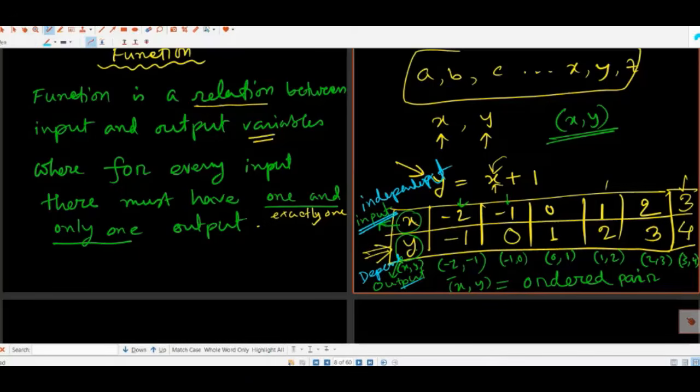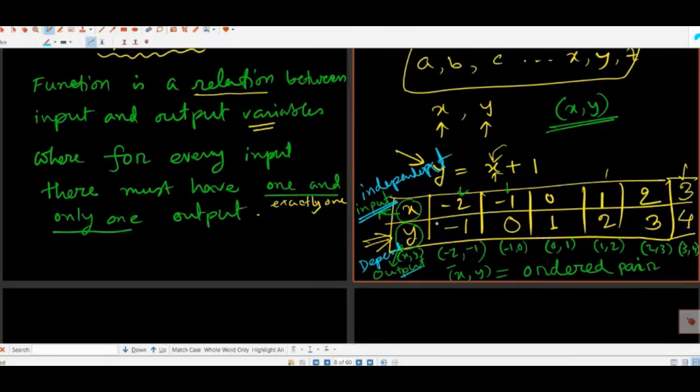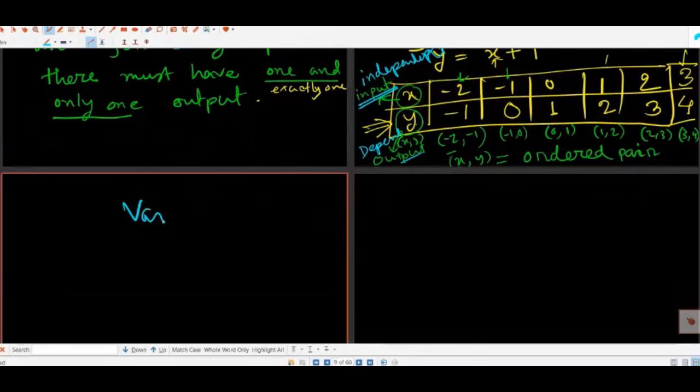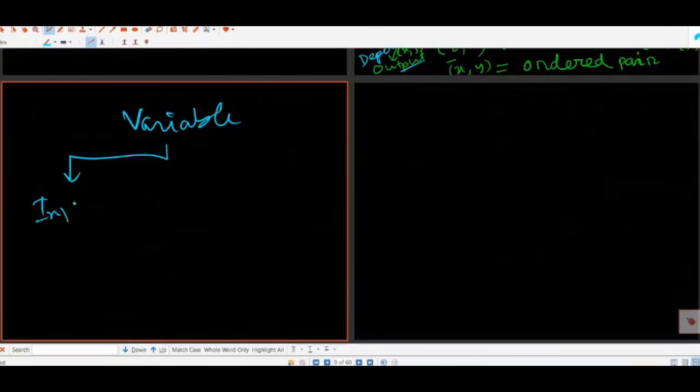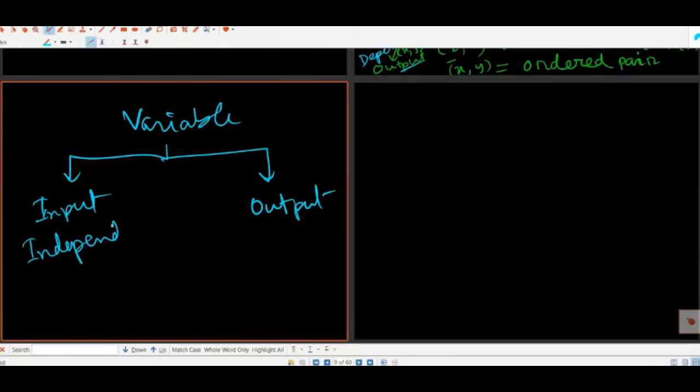Why is Y dependent? Because at first we need to input X, then we can expect Y. So that's why we can classify variables in two categories, input variable and output variable. Input variable means independent variable, and output variable is called the dependent variable.